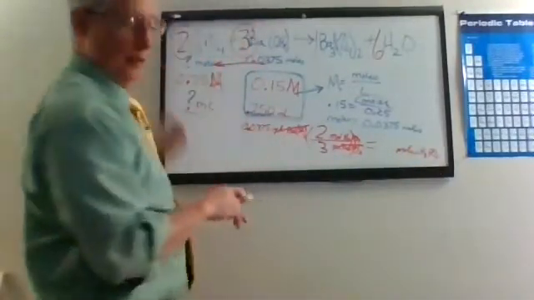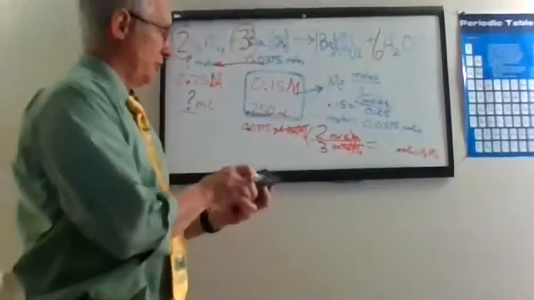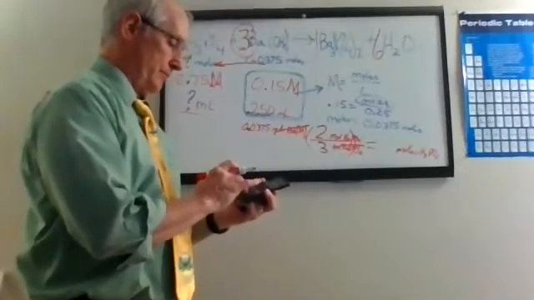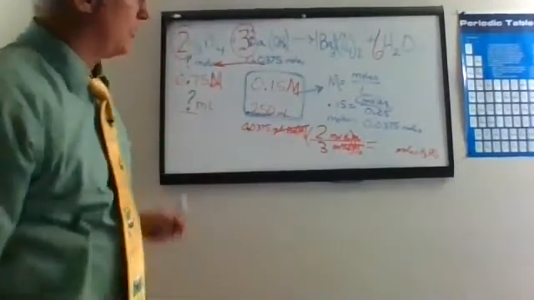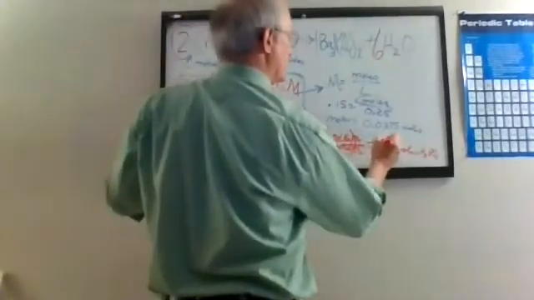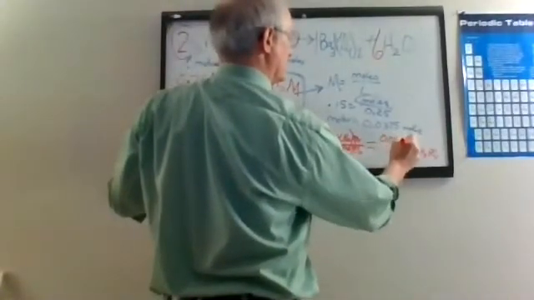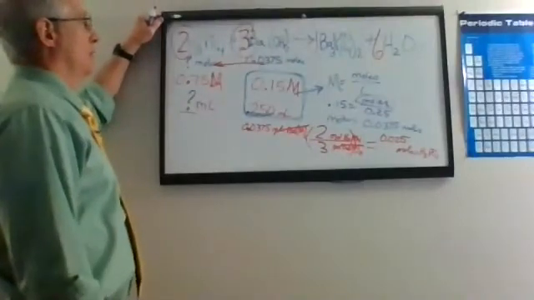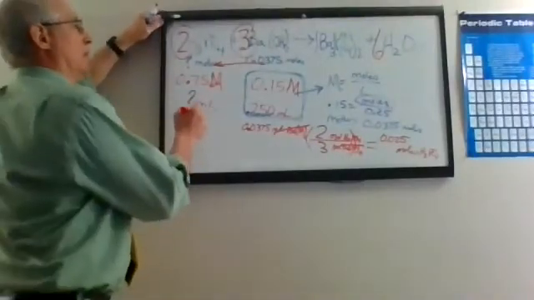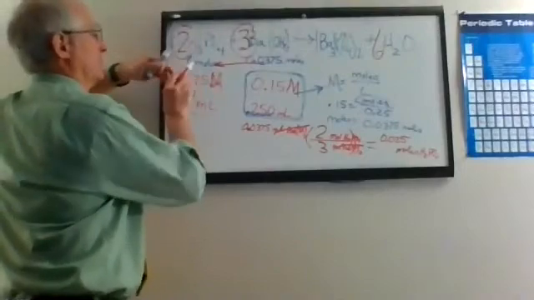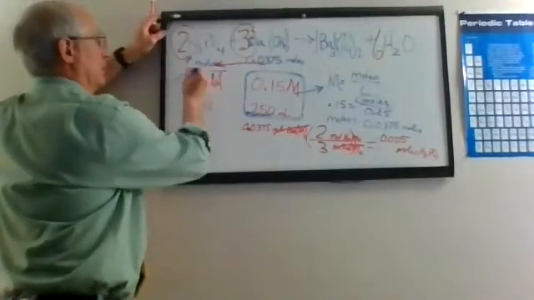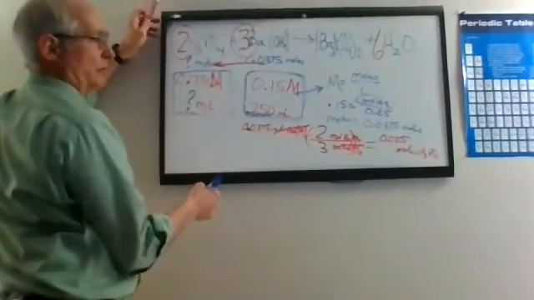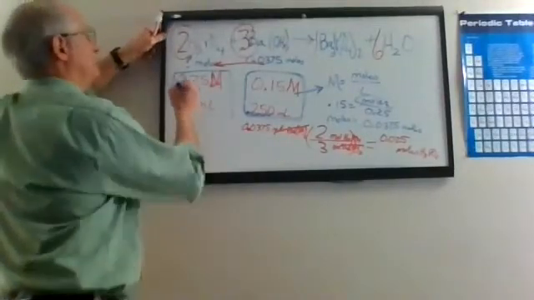So we're going to multiply that times 2 and divide by 3. We're going to get 0.025. Wow. Let's go ahead and take this with 0.025.